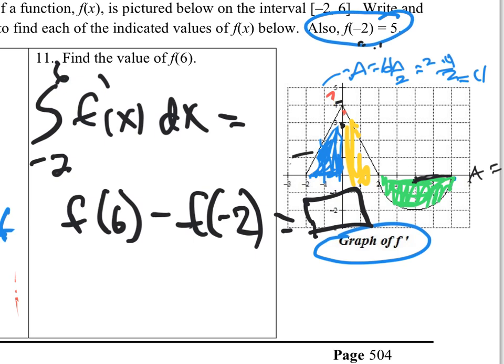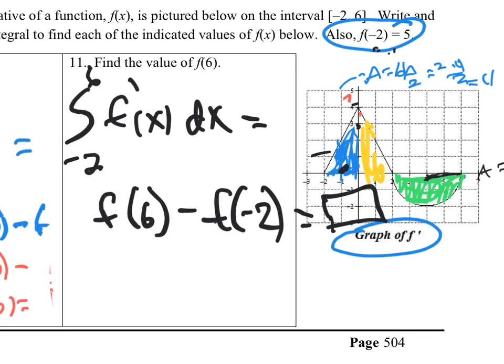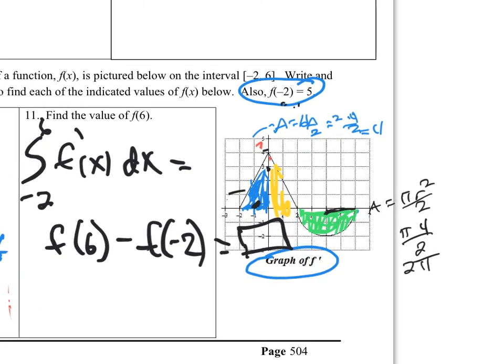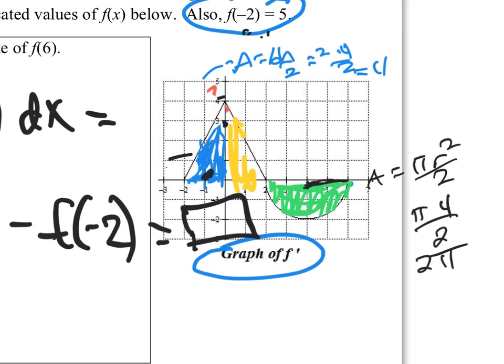Okay, so I do have to add the whole doggone triangle. The good news is, though, we already knew that the blue triangle was how much? That was the answer we did over here. 2 times 4 is 8, half of that. I think it's 8, because this was a 4, wasn't it? Or no, this was a 2.